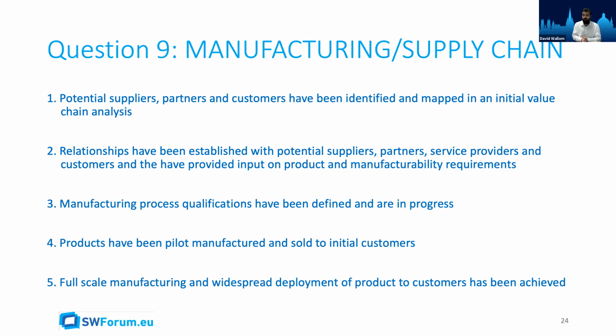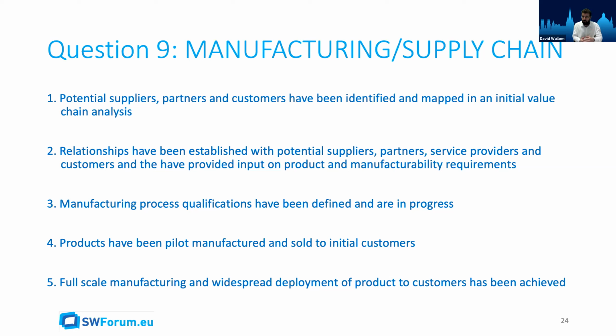And then finally, of course, and this is a slightly more difficult one to consider when you're thinking about software, but still bear with me on this, is actually around manufacturing in your supply chain. Actually, have we got an idea around the suppliers, partners, customers, and the value chain analysis? So who is providing some of this?